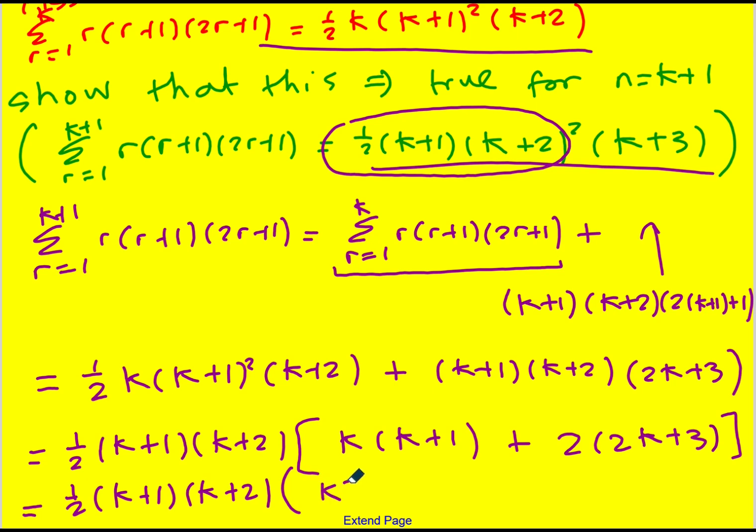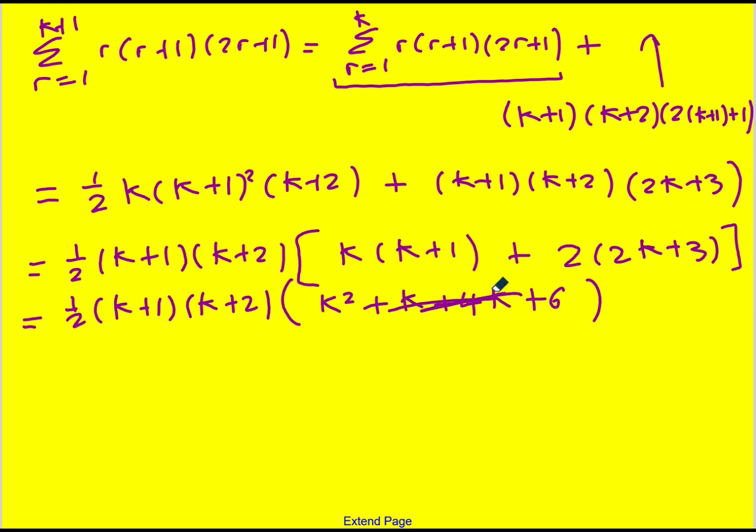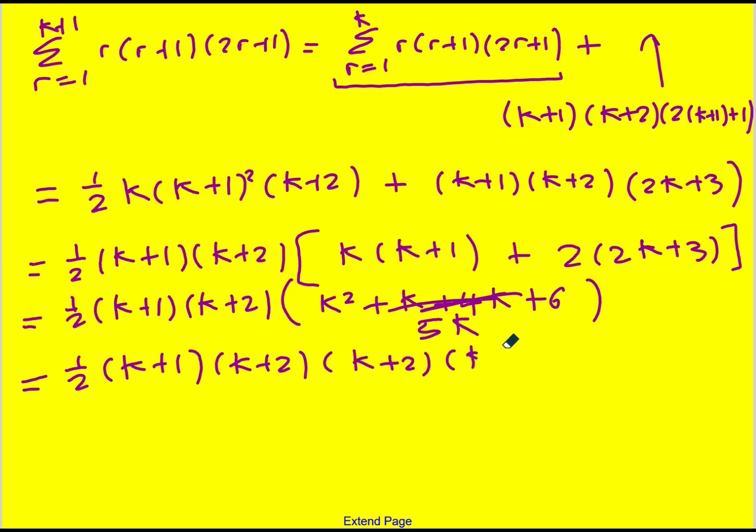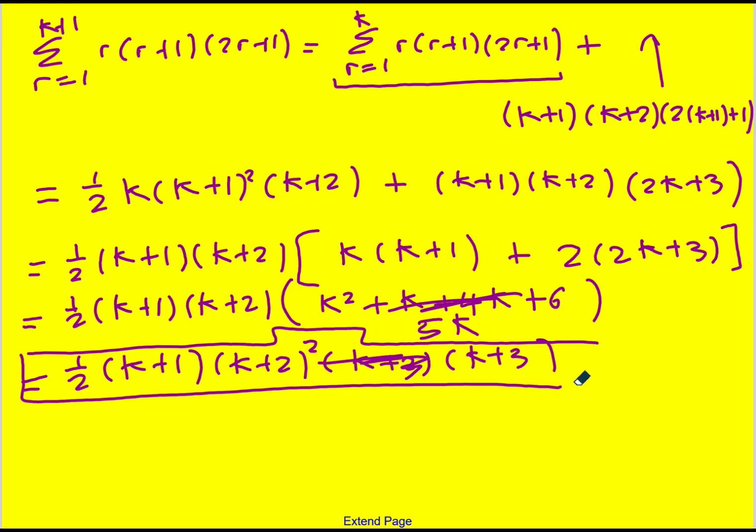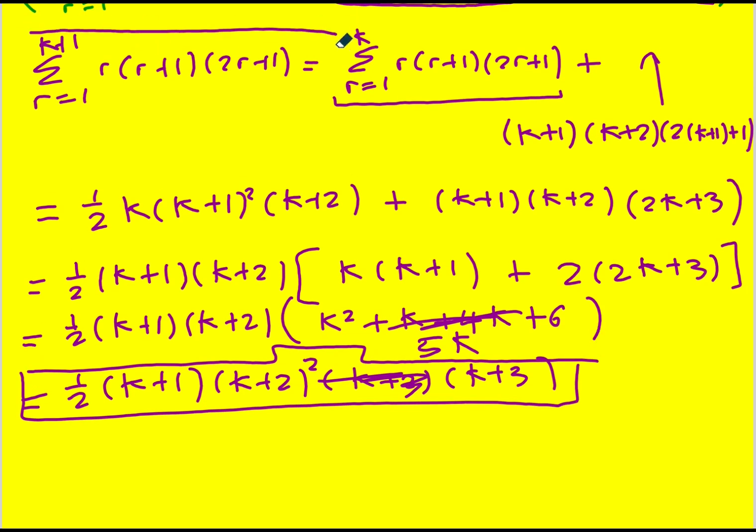Then I'll get k squared plus k plus 4k plus 6. This just becomes 5k. And I won't do it all in one step, but we are there because this will factorize as k plus 2 times k plus 3, which does actually just become k plus 2 squared. I'm just going to bring it together like that. Okay, which is, as required.